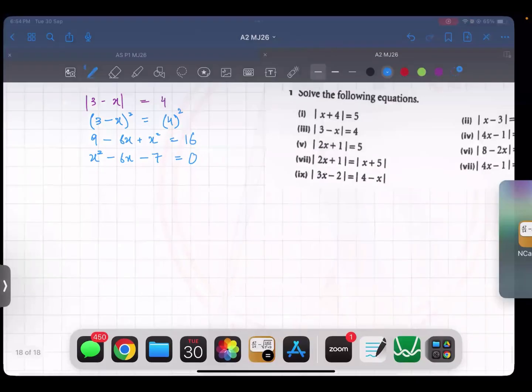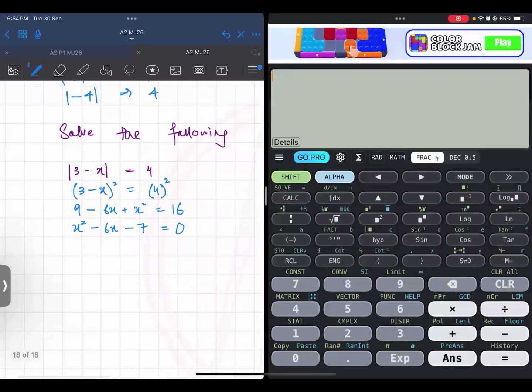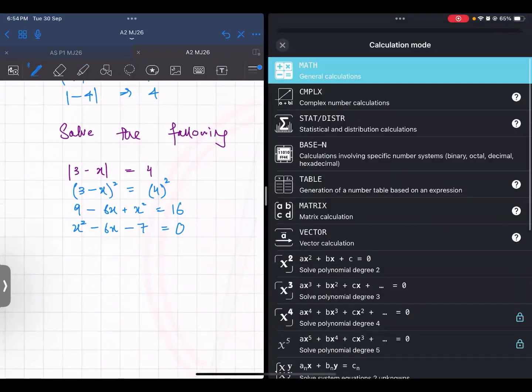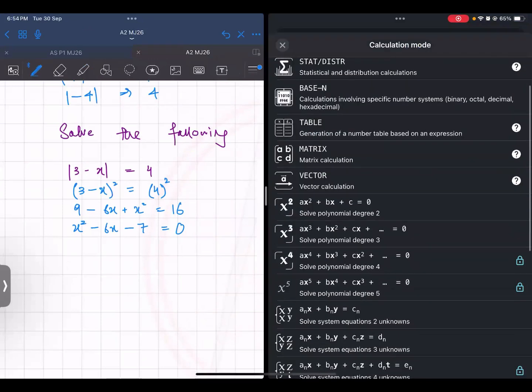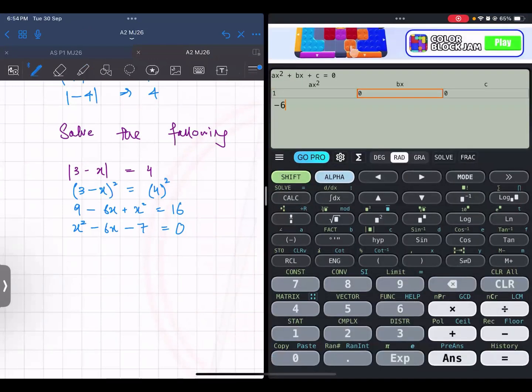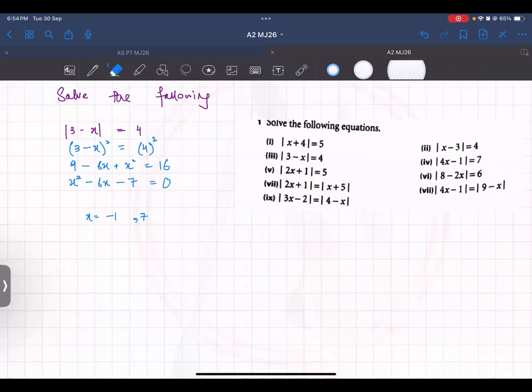Then you can solve it as a quadratic, and you will get the answer: x is minus 1 and 7. So you square on both sides and then simplify, and you will get the answer. If you put these back into the question, you will see that it is satisfied.